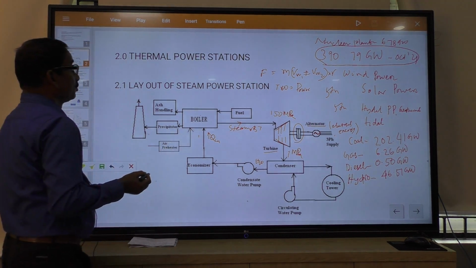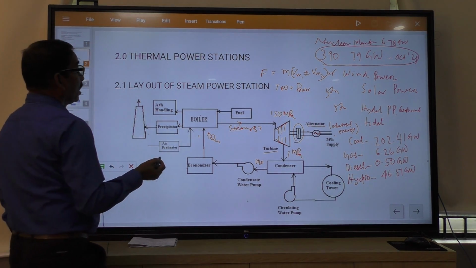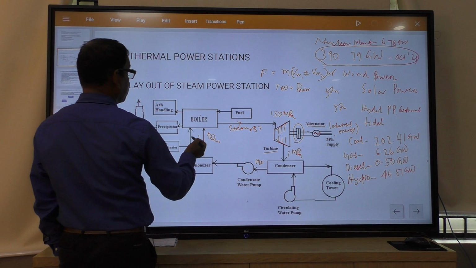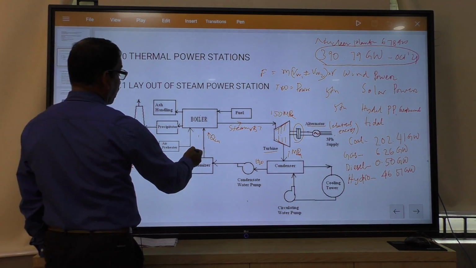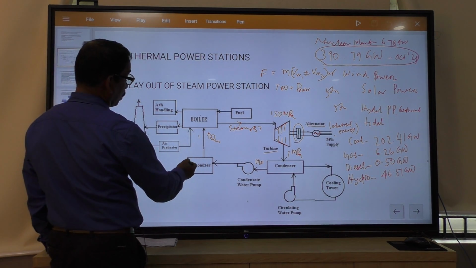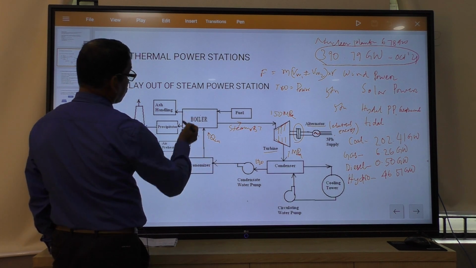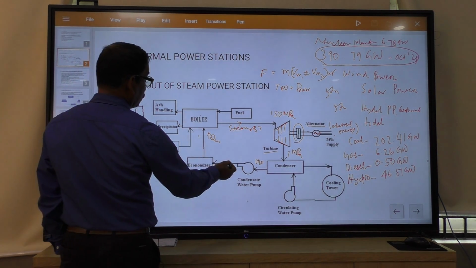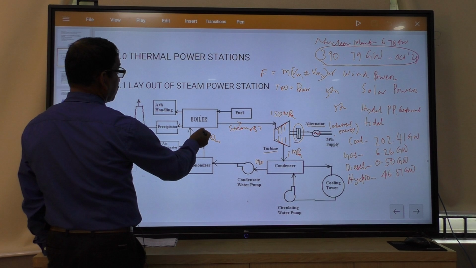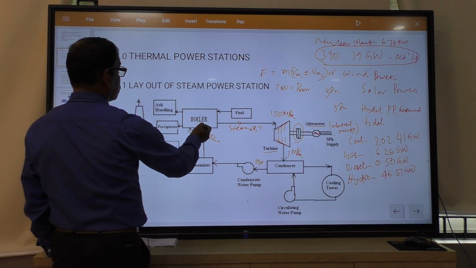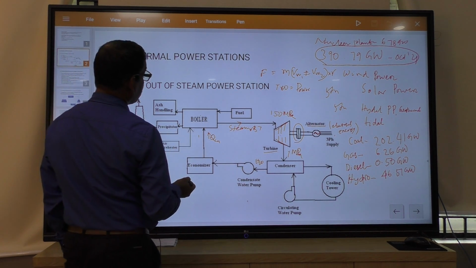Total heat is not utilized, some heat remains, and that heat is utilized through the economizer before entering the boiler. So, this water gets heated, and the boiler efficiency will increase.